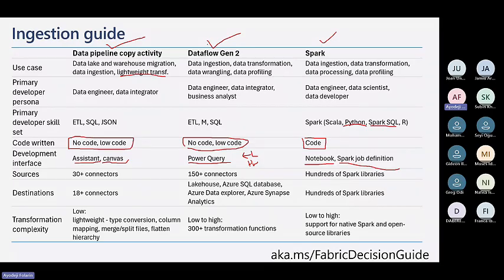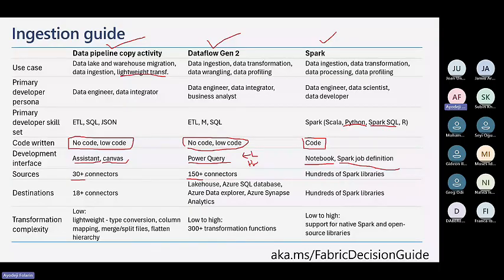Now, another advantage of Dataflow Gen 2, it has over 150 connectors. I remember when John opened that interface last week, we were saying you can get data from so many places under Dataflow Gen 2. But under data pipeline, the number of connectors is limited.